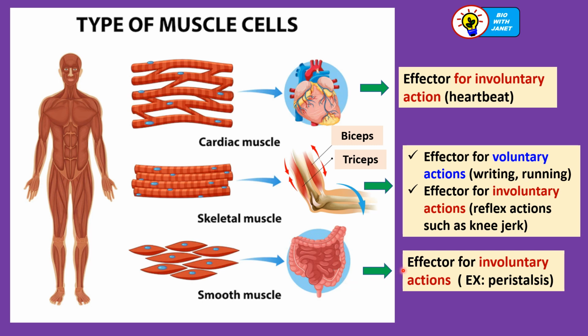These smooth muscles are all effectors for involuntary actions such as peristalsis, which is the alternate contraction and relaxation of the smooth muscles in the walls of the alimentary tract, to push the food forward in the alimentary tract.